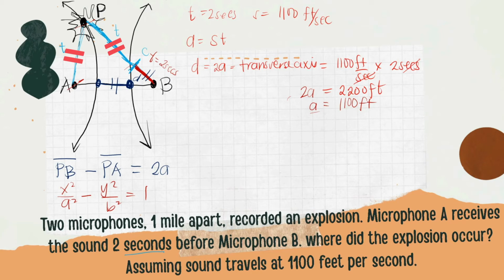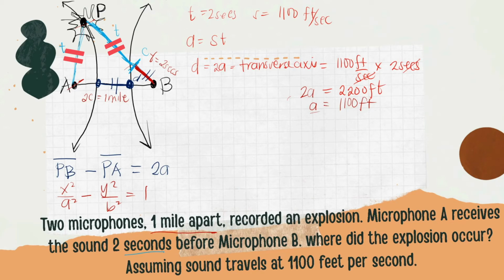So, mapapansin natin sa given, meron tayong 1 mile apart. So, yung 2 microphones natin, yan yung foci. Yung foci A, foci B. So, 1 mile apart daw yun. So, that is equivalent to 2C. So, kailangan natin i-convert si 1 mile into feet dahil yung speed natin is feet per second.